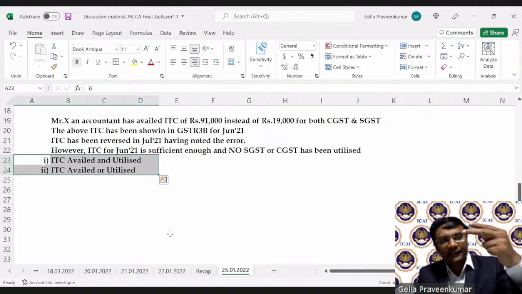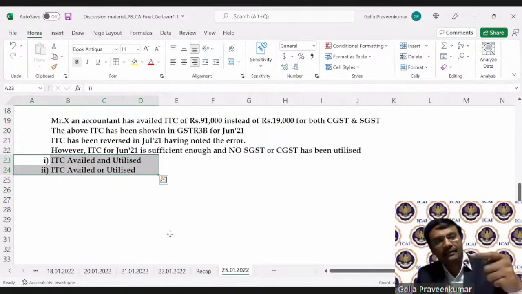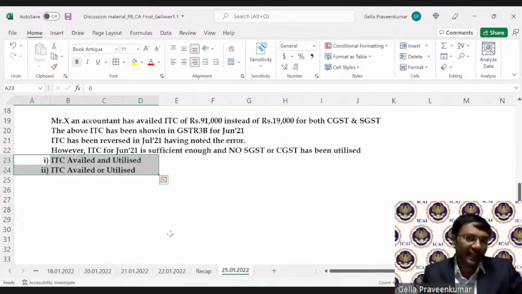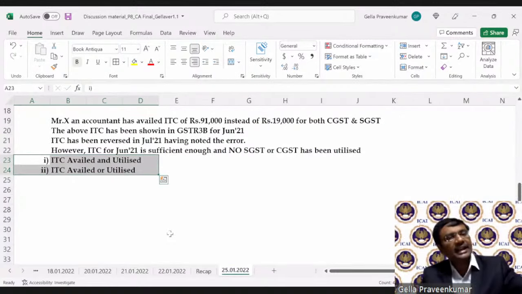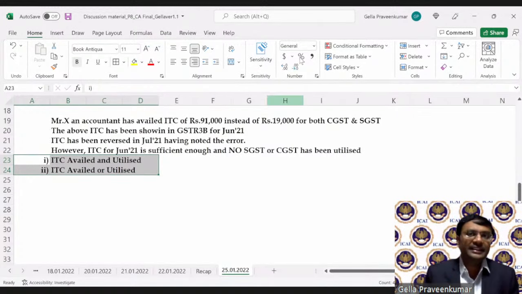I have written two statements here. Does the given example fit into statement number 1 or statement number 2? I repeat my question. This given transaction done by X, does it fit into statement 1 or statement 2? Where does it fit? Give your answer, students.